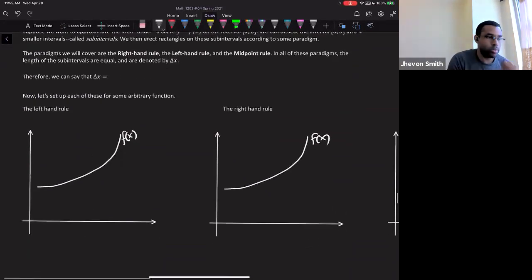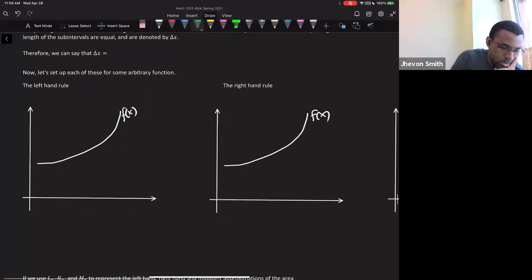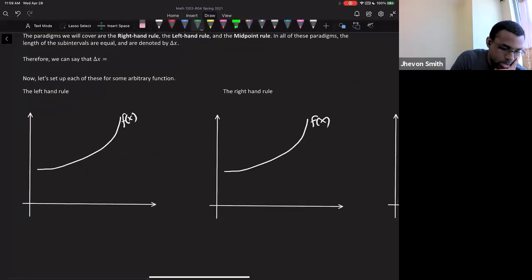So what you're going to do is look at the interval where you want to find the area under it, and then you can call this first point x naught, call this xn. Imagine it on an interval a, b. So x naught would be a, xn would be b. And we're going to choose where the endpoints of our rectangles are.